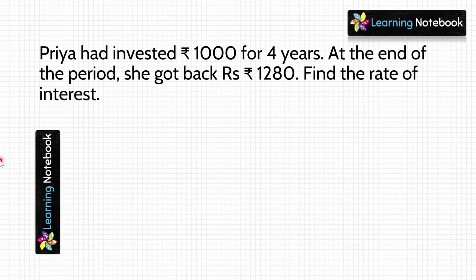So in this question, we are given the principal amount of rupees 1,000. Then we are given the time period of 4 years. After that, it is given the amount as rupees 1,280.